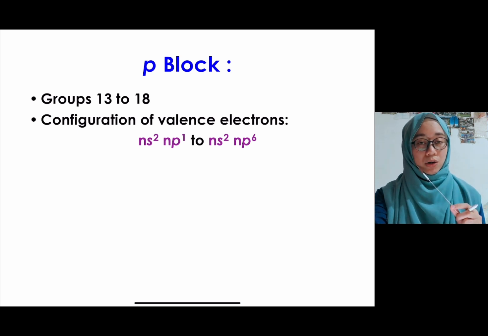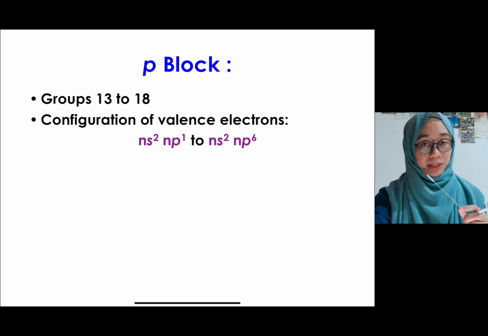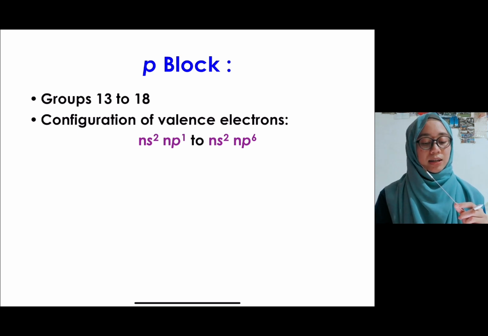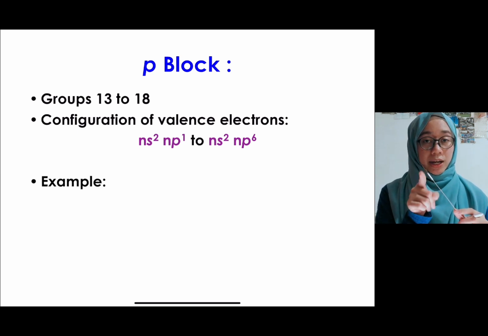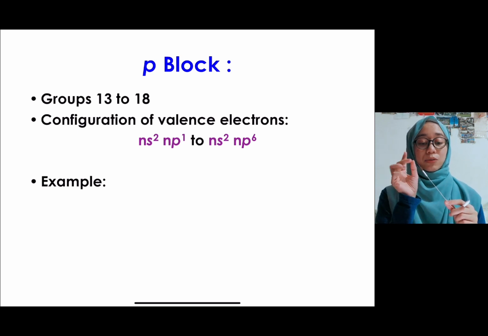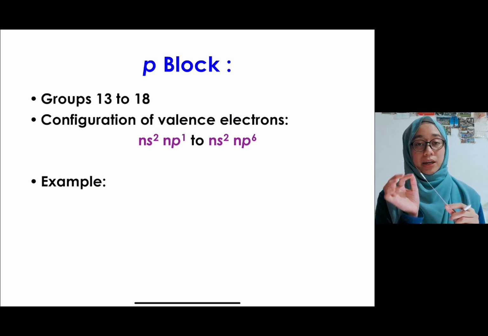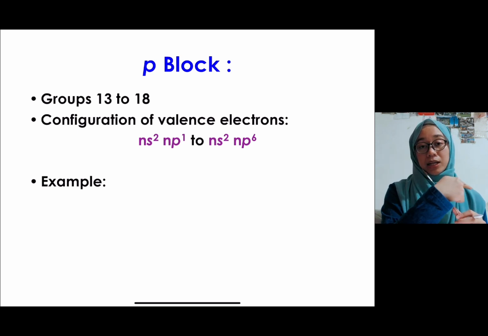Okay, so ns2 kat situ tak ada beza, kita kena include kan. Okay, tapi np kita tu it varies from np1 sampailah np6. Okay, kena include kan s. Bear in mind, kalau untuk P block, kita kena include kan electrons yang berada di dalam s orbital yang sebelumnya tu.